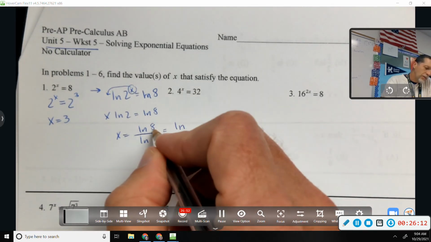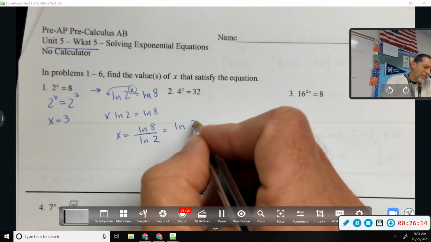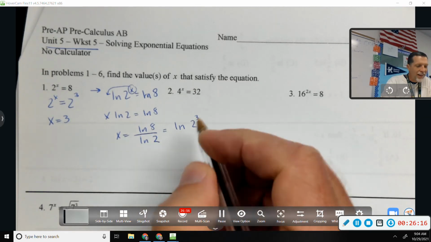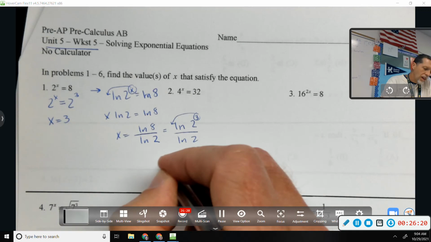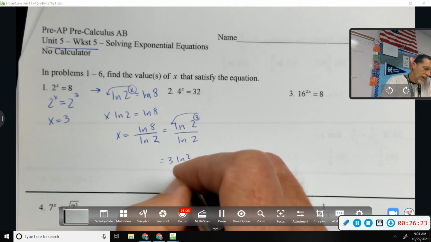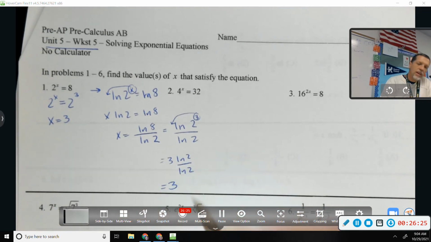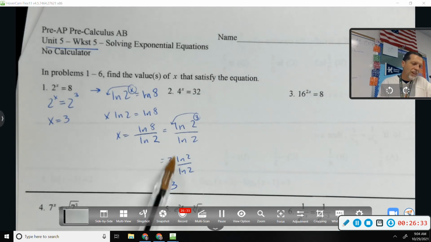Let's see, I could rewrite 8, but this gets back to, at some point I've got to rewrite 8 as 2 cubed. So, Crystal, the answer to your question is, can you do it that way? Yes, and eventually you need to know that 8 is 2 cubed.